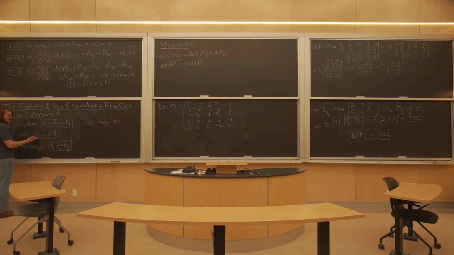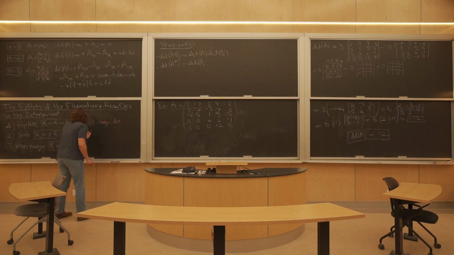The effect of this is that you multiply the determinant by c. And the effect of interchange is you multiply the determinant by -1. Okay?